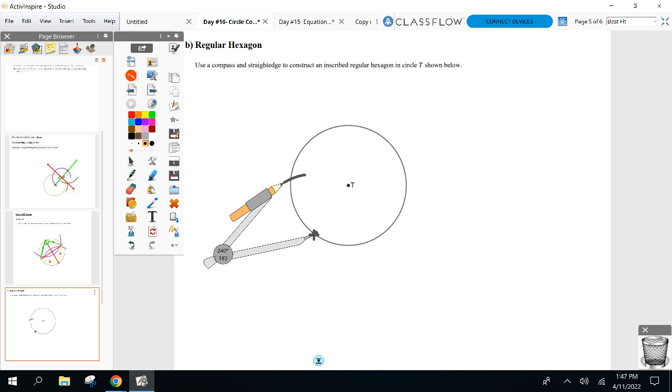All right, travel up to where you just made that arc mark. Make another arc mark that same distance away. Make another arc mark until I have 6 arcs here.